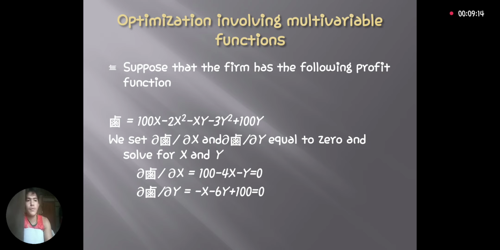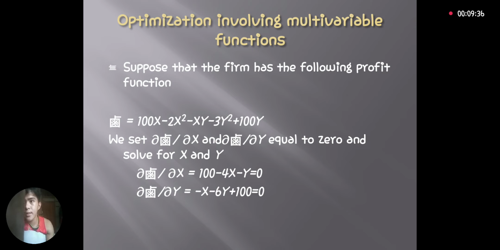Suppose that the firm has the following profit function. We have here an example: profit equals 100x minus 2x squared minus xy minus 3y squared plus 100y.